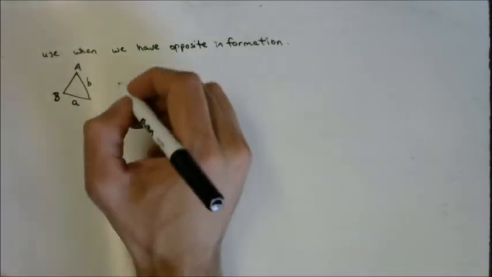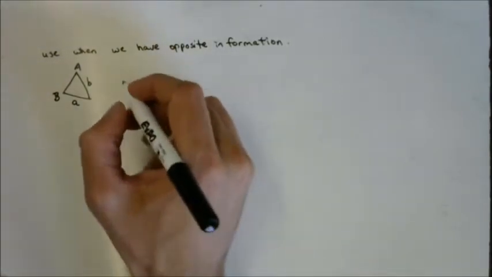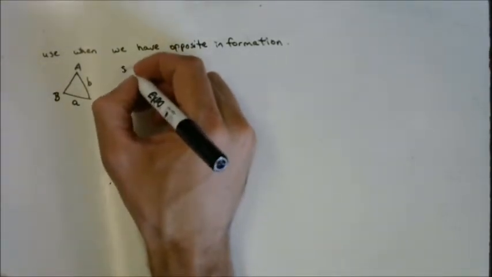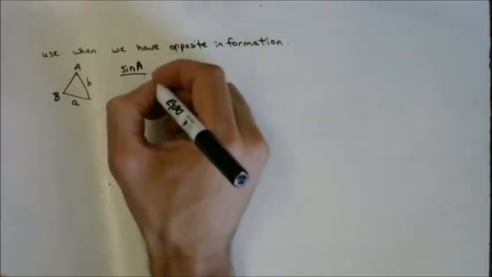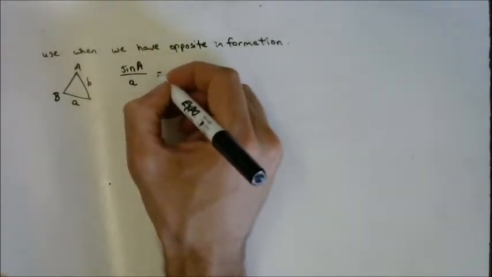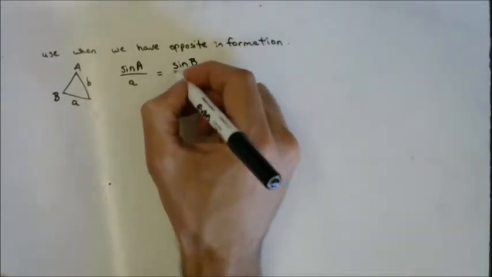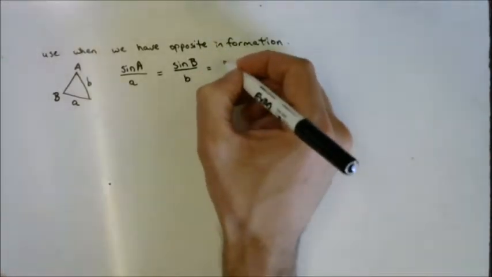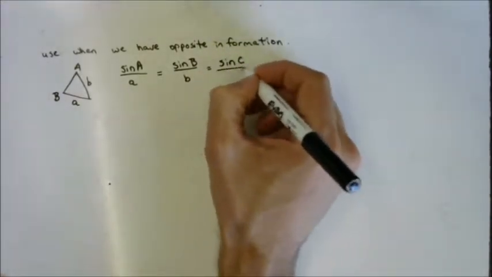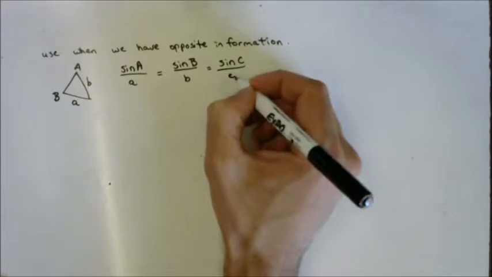Okay? So I'm going to write down what the sine law is. You can use it in two different ways. When you're looking for an angle, it's easiest to use it this way, where you create three ratios. And it turns out that these three ratios are all equal to each other.